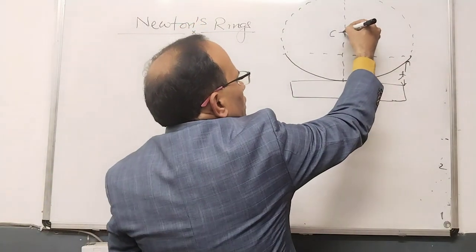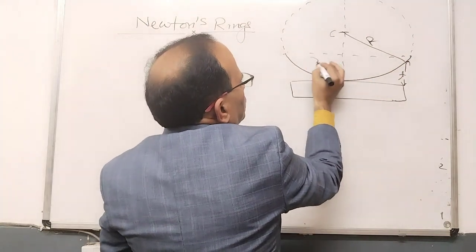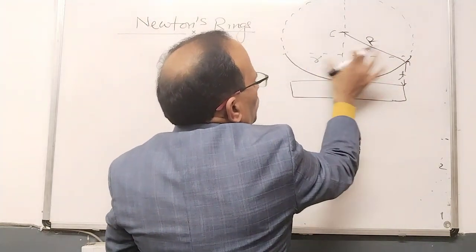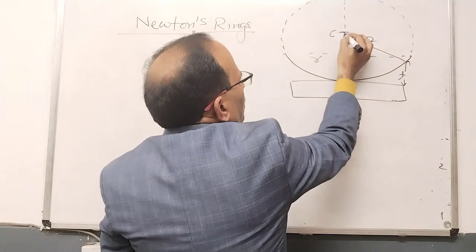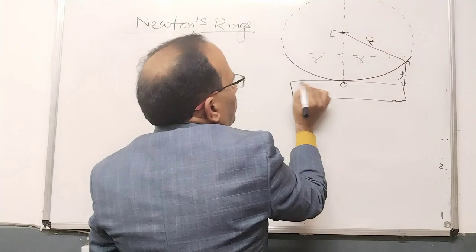Now in this case this capital R, and this is small r. So small r and capital R, this is the central part, and this is one corner, that is the air film.